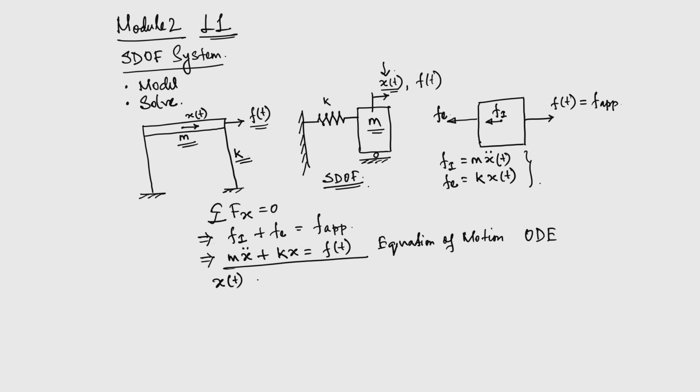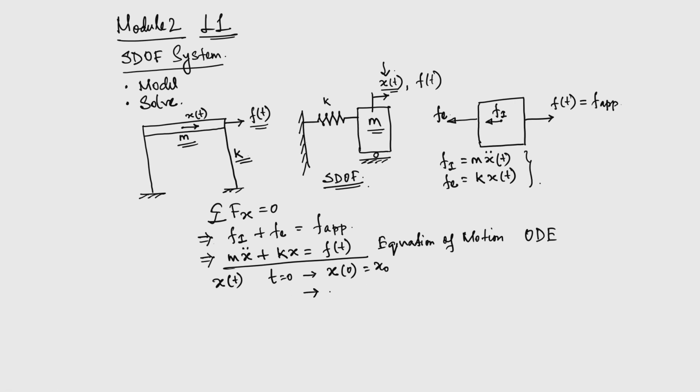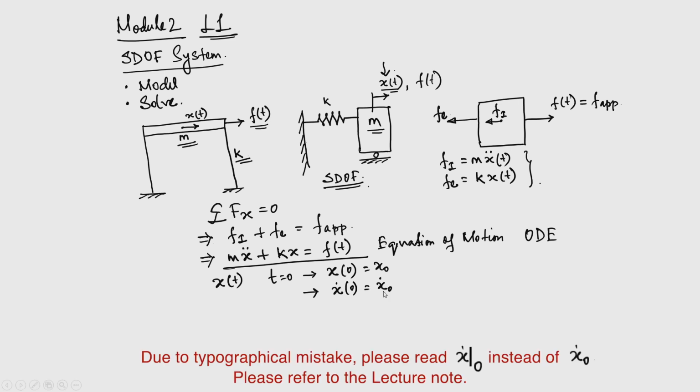For that we need some initial conditions. At t equal to 0, x of 0 is equal to x 0, and again at t equal to 0, x dot, that is the velocity, is equal to x dot 0.